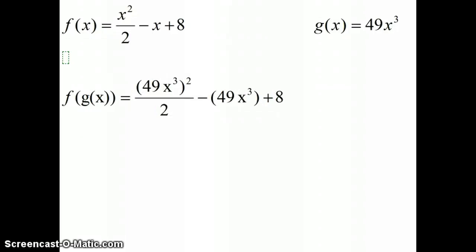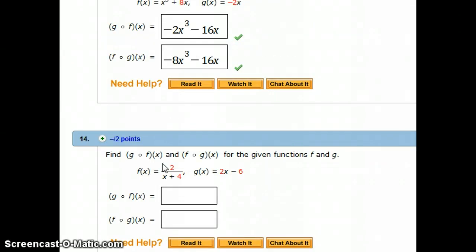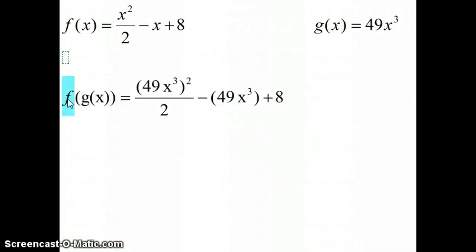When you're looking at it, the first one is the outside one. That's your outer function, and what you run inside the x there is your other function. So the one on the left side is always the one on the outer side.